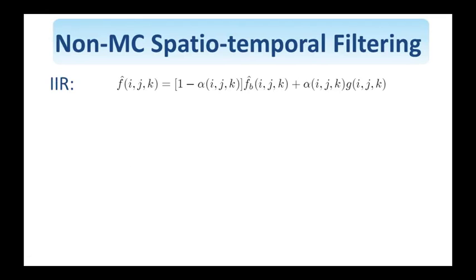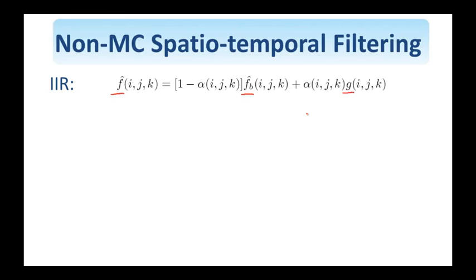Another class of non-motion compensated spatiotemporal filters are infinite impulse response IIR filters. They have the form shown here. The filtered value f hat is the convex combination of a prediction f hat of b, which is carried out based on processed values belonging to the past of the pixel being processed, and the noisy observation g.